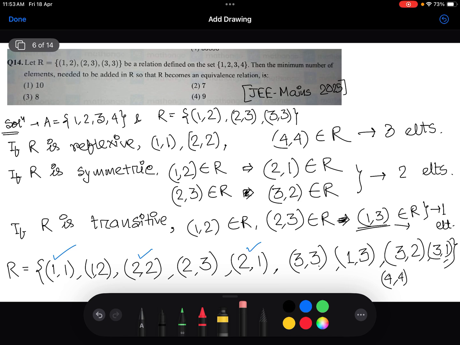So we added (1, 1), (2, 2), (2, 1), (3, 2), (1, 3), (3, 1) and (4, 4). So 1, 2, 3, 4, 5, 6, 7. So 7 is the correct option. Option B is the correct answer.